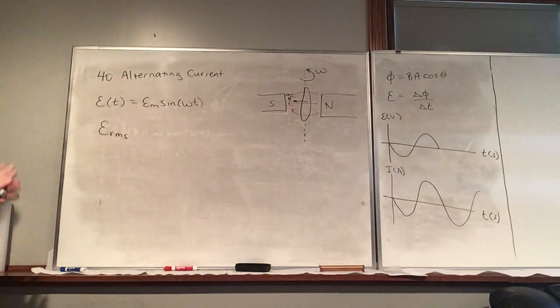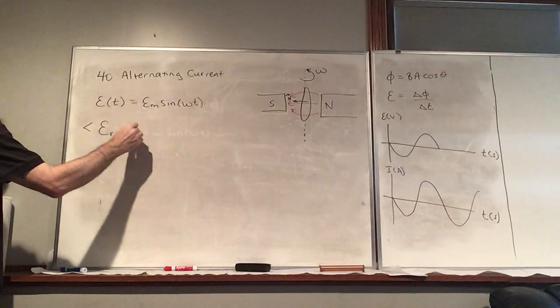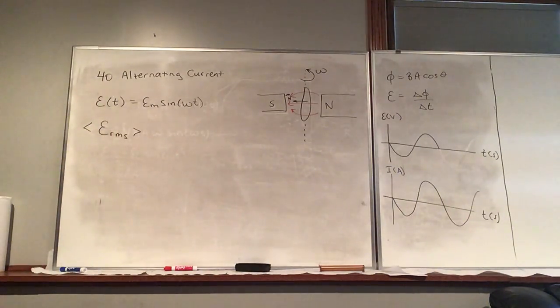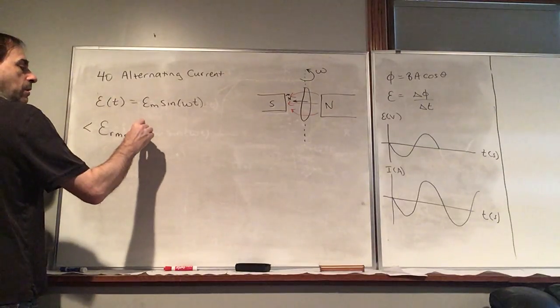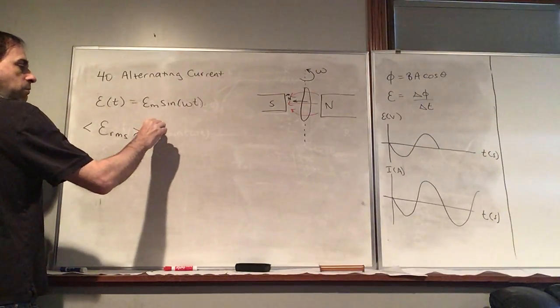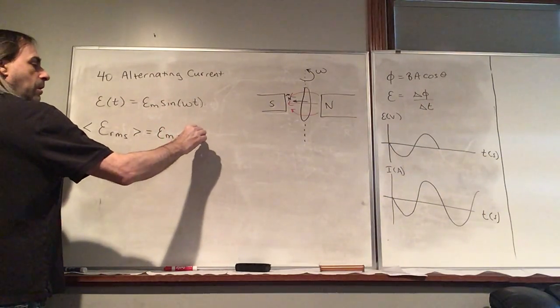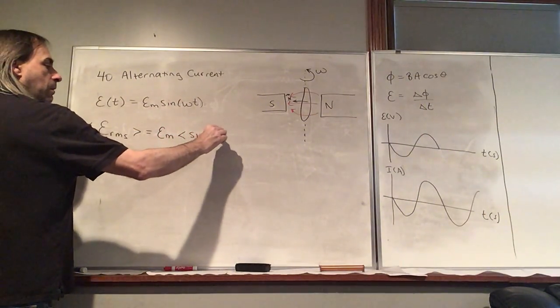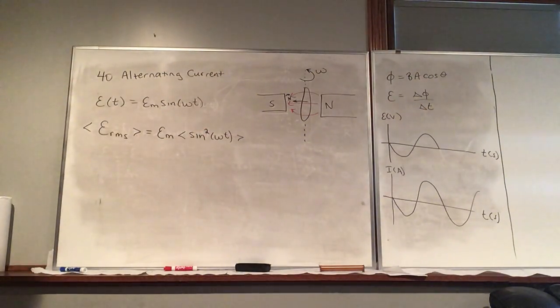For this RMS average, we can use this notation to mean we're taking the average. This is a constant, we can take that out. So I want the average value of sine squared.